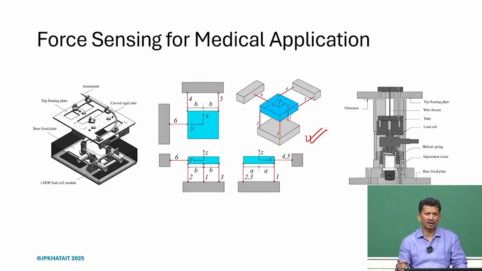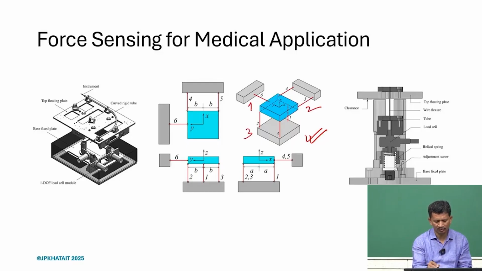For the time being, we can assume that it's supported along those lines only. So 3 from the base, 2 from one side, and 1 from the other side. So that's why it's called the 3-to-1 configuration. And a total of 6 constraints are provided.